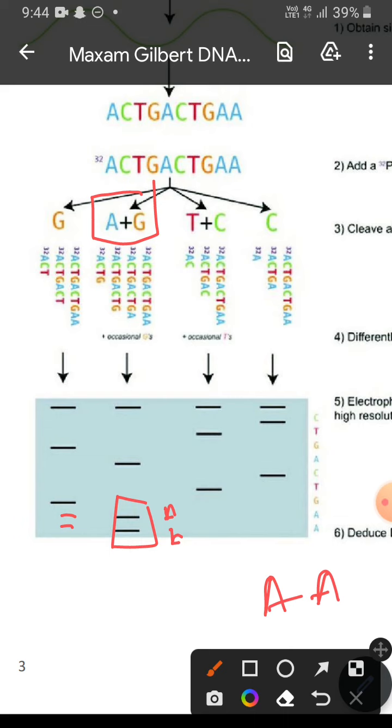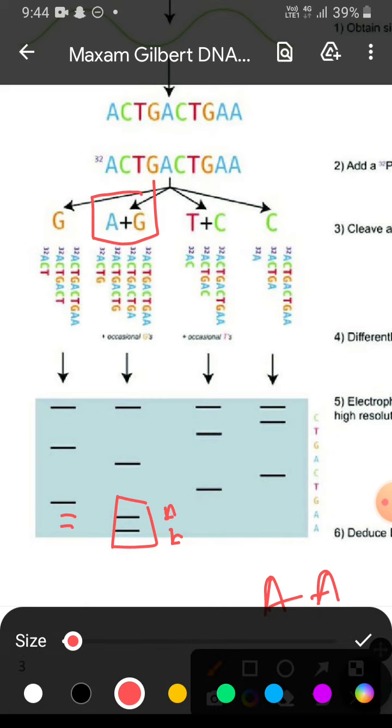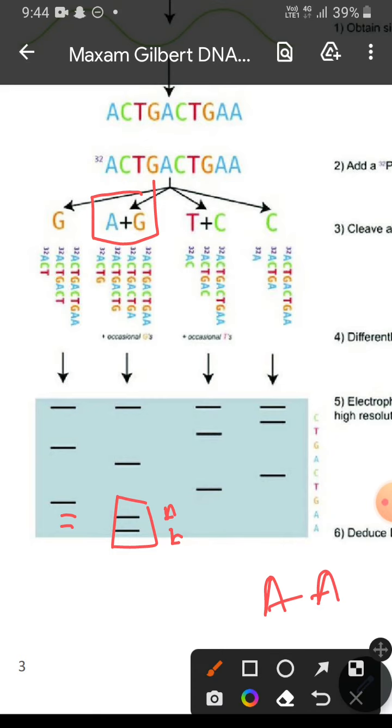Now as you can see, let me take another color, there is a G. So we will put here simply G, because in the A plus G portion there is no band.